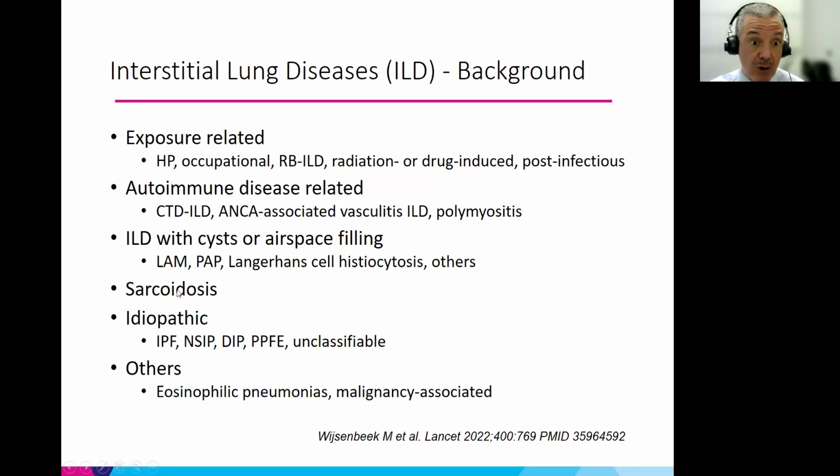It just has that granulomatous pattern that is so distinctive from the other ones. And then you have a number of idiopathic diseases like the ones that I mentioned before: idiopathic pulmonary fibrosis, non-specific interstitial pneumonitis, desquamative interstitial pneumonitis, PPFE, and others that are maybe frankly unclassifiable.